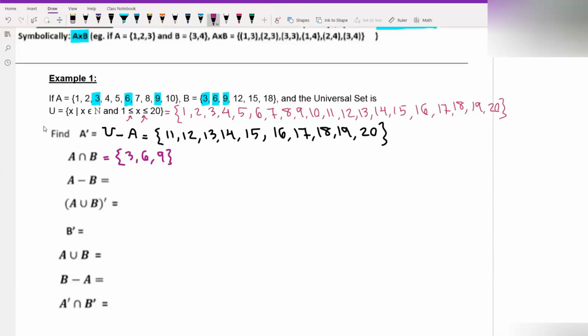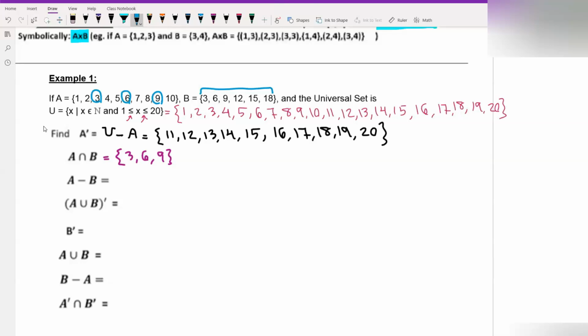Next one is A minus B. So we shouldn't have these members here on this part. So we have to subtract them. It is 3, 6, 9. We don't have 12, we don't have 15, we don't have 18.